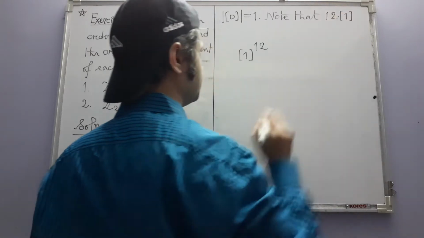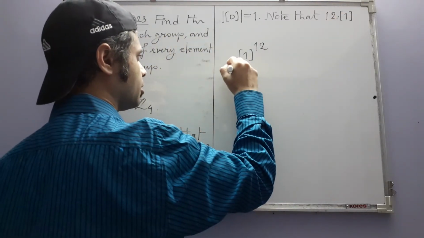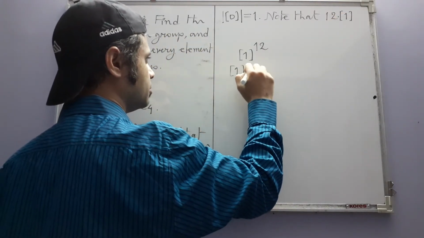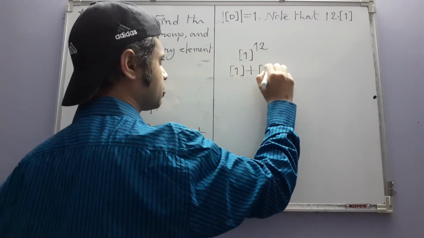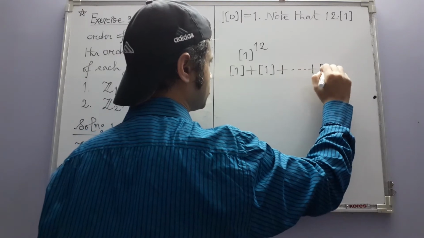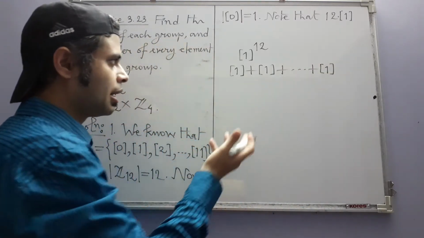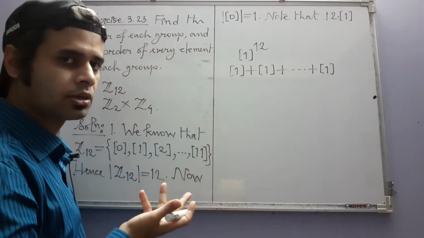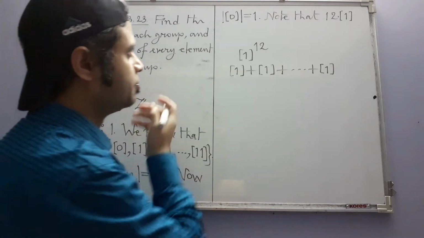And you know what it means. It is your usual sum, where 12 copies of this congruence class are there.